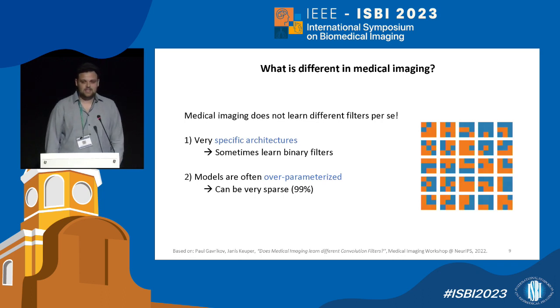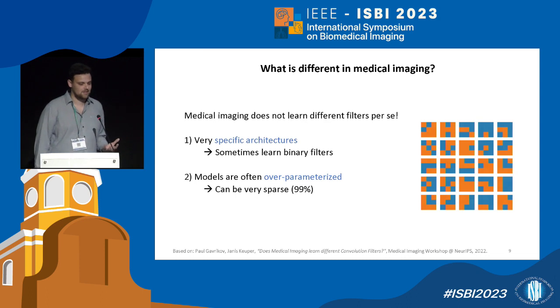The other thing that we commonly saw is that models are over-parameterized. In some cases, we had, for example, segmentation models that were 99% sparse. That means 99% of your network is not doing anything. In this case, we couldn't verify if the model was actually working. It might have been that it learned some kind of weird shortcut, which the authors didn't intend.